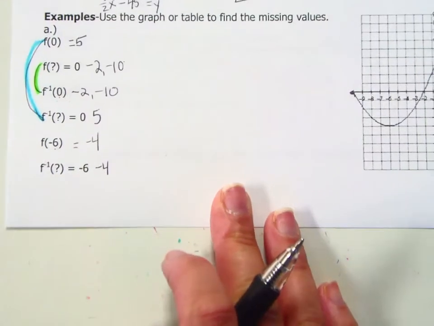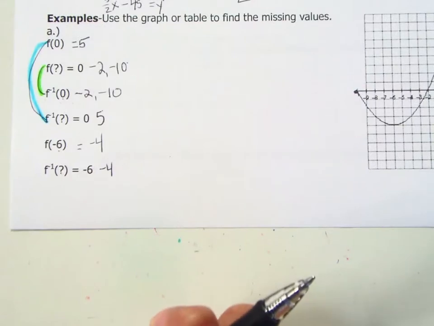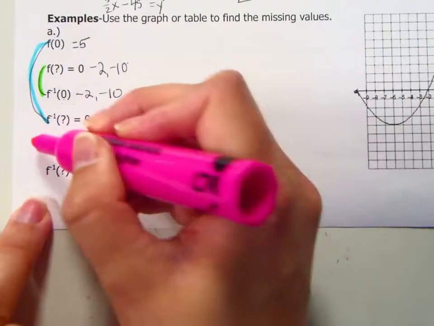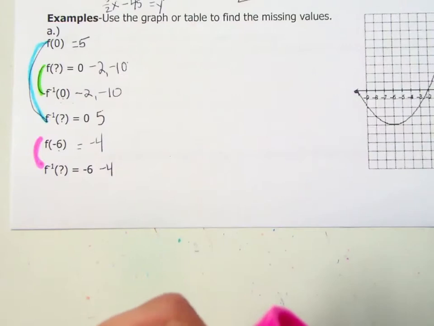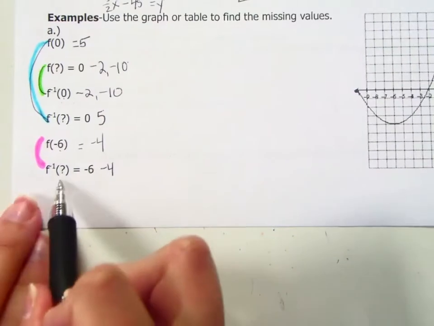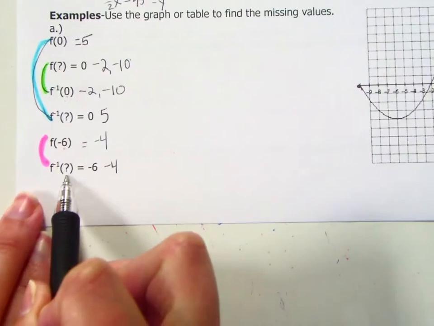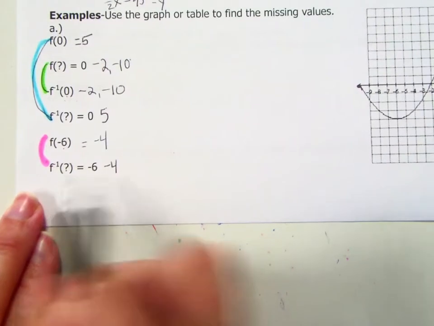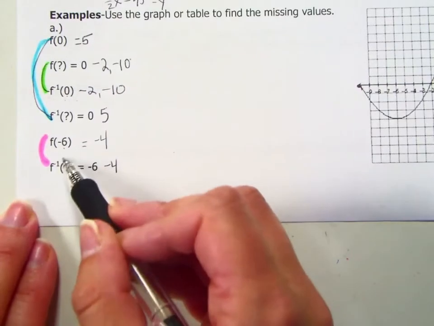Can you say that in a different way? Just looking at the x value. This is really asking us, since it's the inverse, not to find the input, but to find the output. It is -4. These two things are essentially saying the same thing.